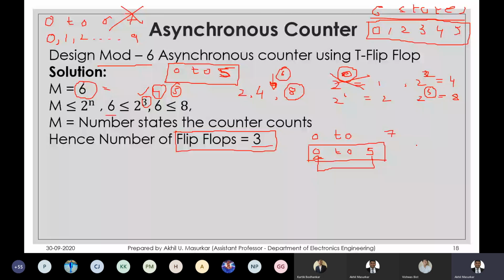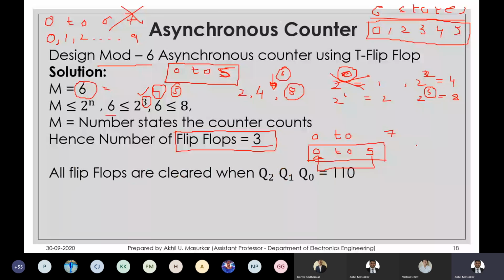All flip-flops need to be cleared when Q2, Q1, Q0 becomes 110. Once you receive this, the output Q2, Q1, Q0 should become 000.